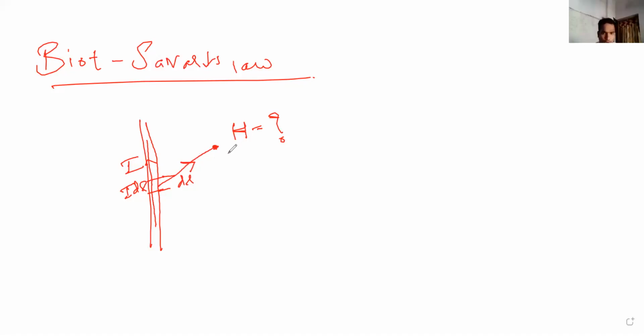This is our desired point, suppose point P, at which we wish to find the intensity of the magnetic field.